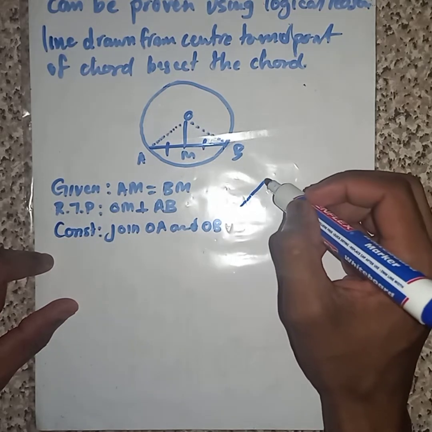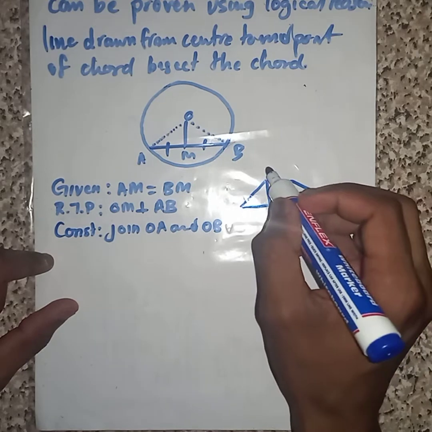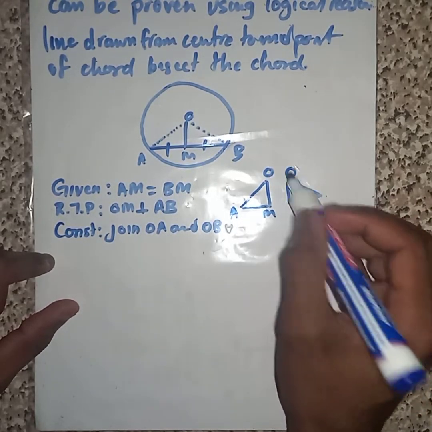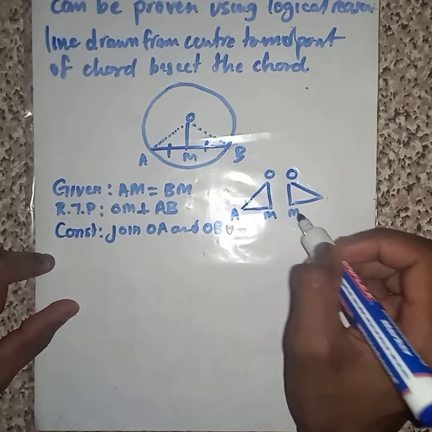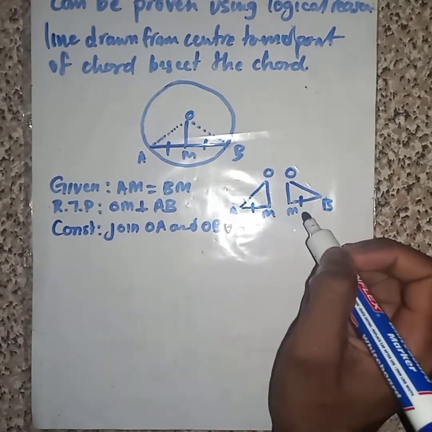We have two triangles, OAM together with OMB. Let me mark as well here.